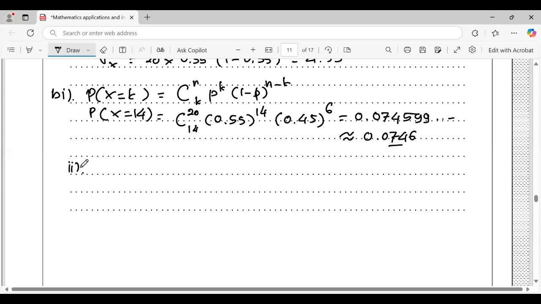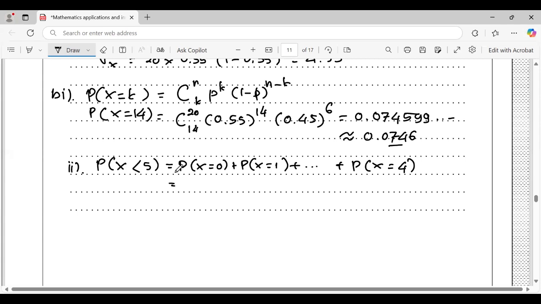And part 2, fewer than 5. So the probability x less than 5 means the probability x equals 0, plus the probability x equals 1, and continue until plus the probability x equals 4. That is 0, 1, 2, 3, 4, because it is less than 5.